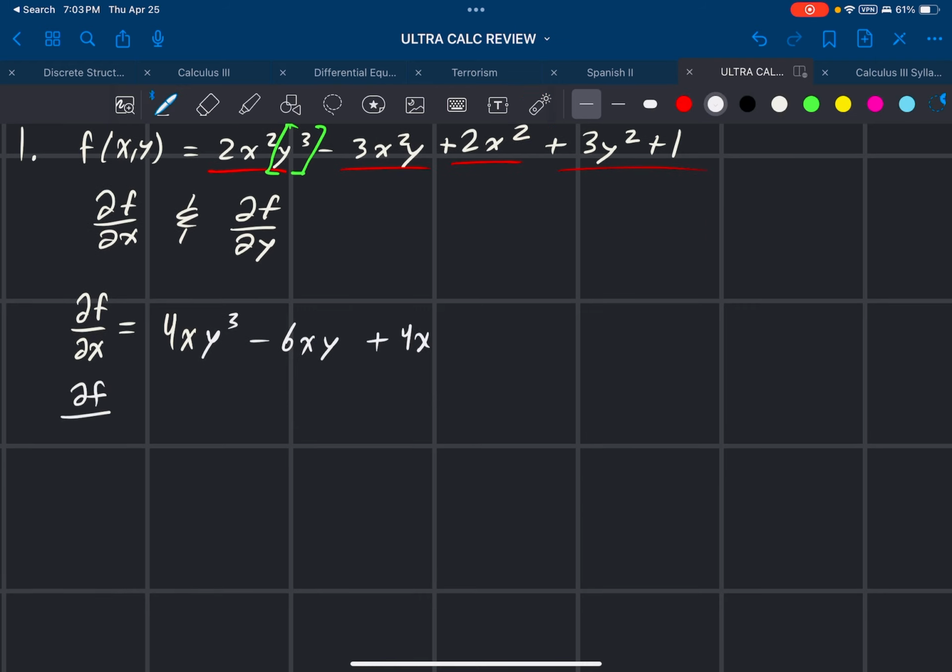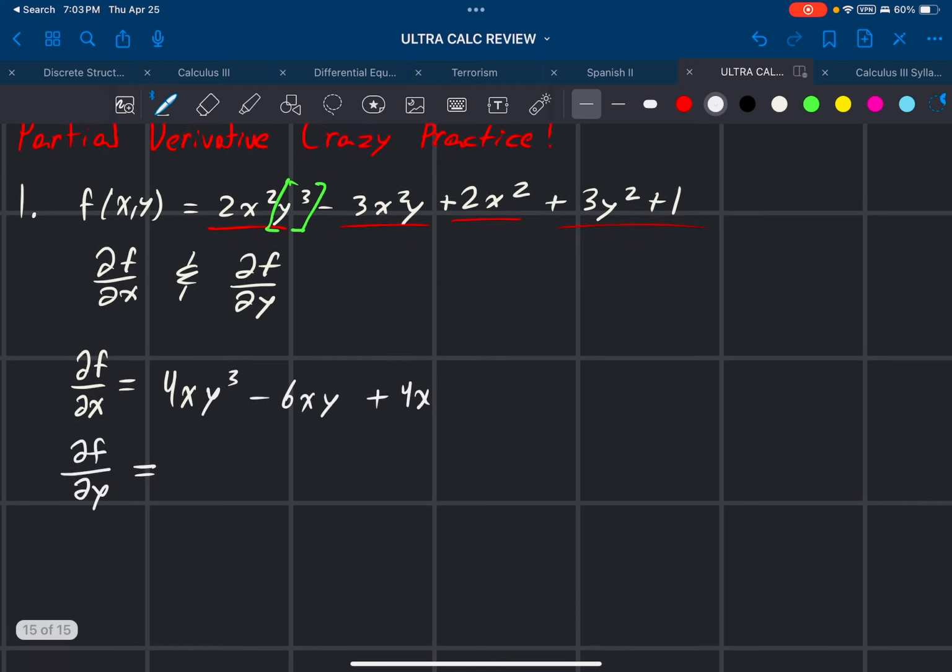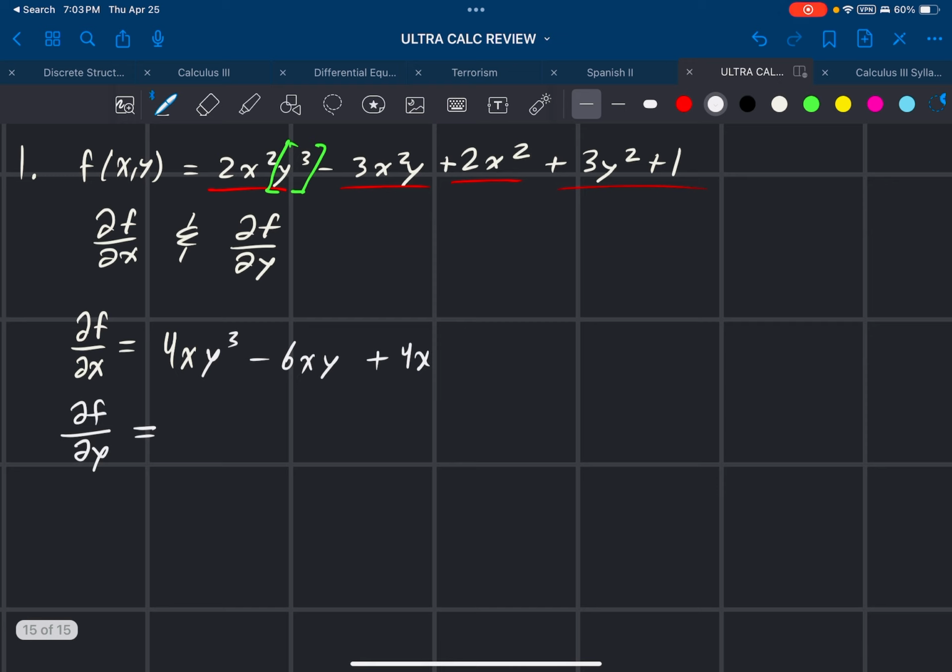Now let's do the second partial derivative, or the partial derivative with respect to y, actually. For this one, I see that it's 6x squared and then y squared. And then here we're just going to end up with 3x squared, because the y will go away, right?